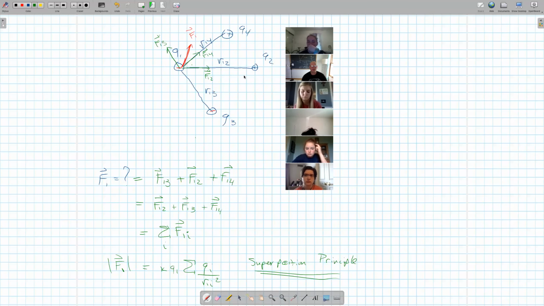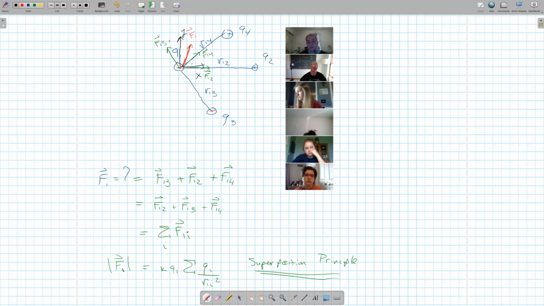So basically what'll happen is the same thing. We're going to draw a free body diagram, but we're going to draw the directions of the forces based off of how these charges relate to each other. Then once we draw those and we know the directions, let's say I set up a coordinate system on here. If I call this my y-axis and this my x-axis, then in this case I would know that F13 points in the positive y direction, F14 is in the positive y direction, but F12 has 0 y component.